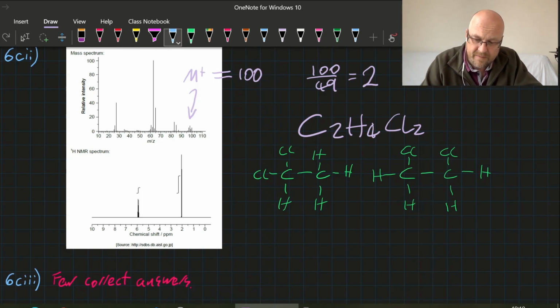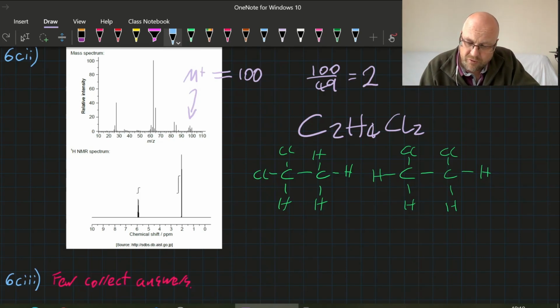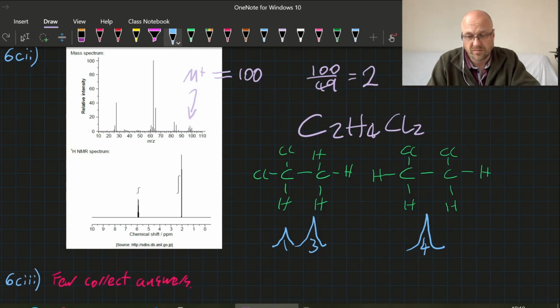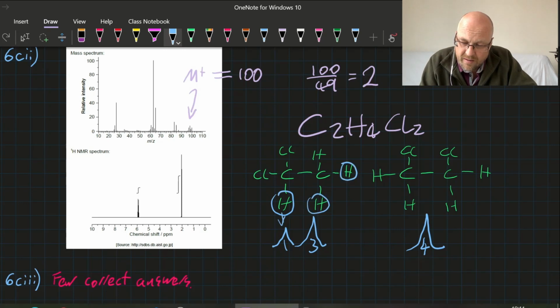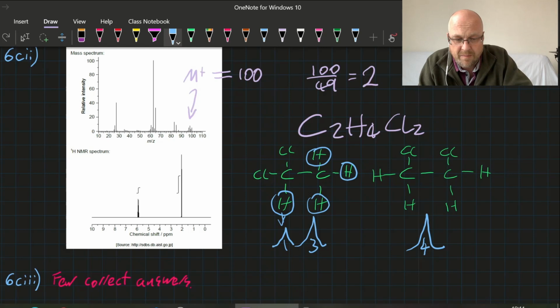All right. So there'd be two peaks on the H1 NMR with area 1 and with area 3. And over here there'd just be 1 peak, but with an area of 4. There's 1 hydrogen environment there, and these 3 are in the next hydrogen environment.